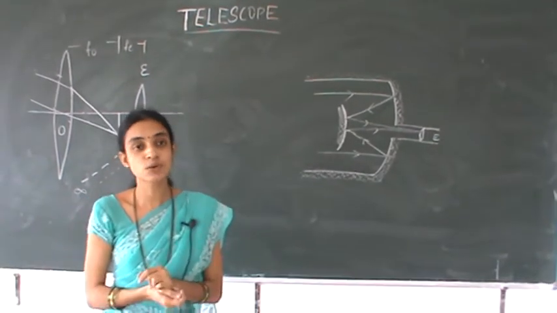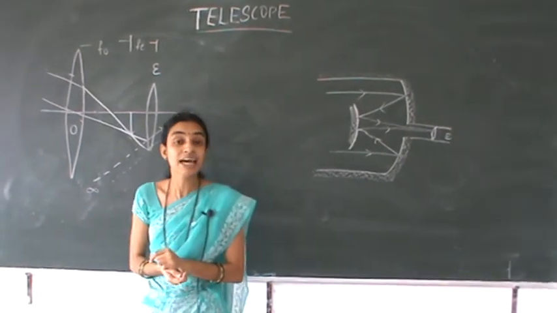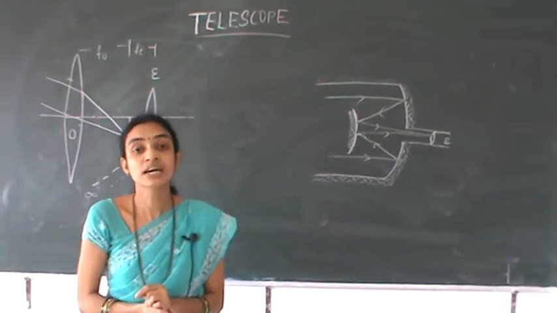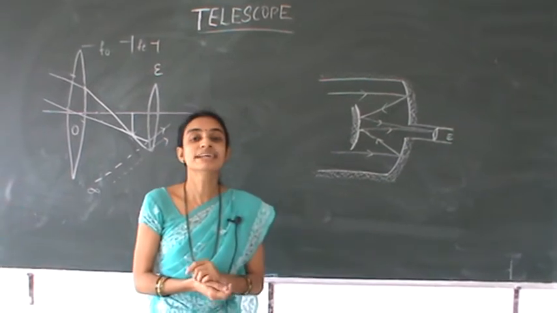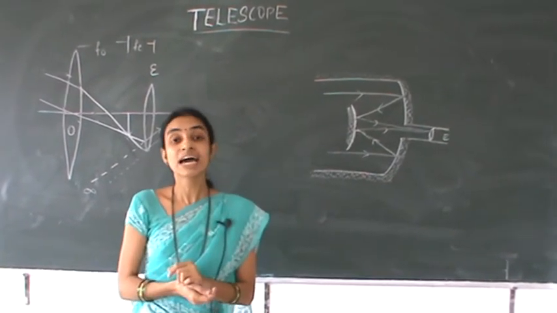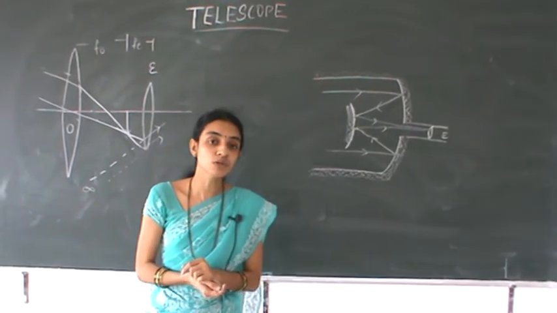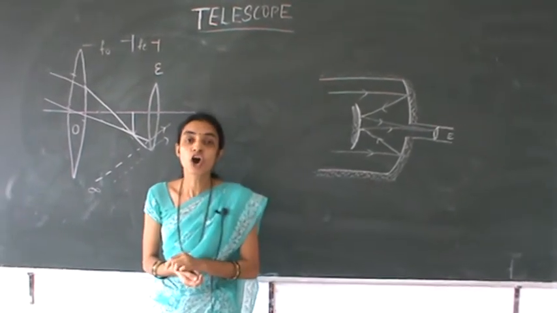Here the telescope can also be classified into two types, depending upon the phenomena of refraction and reflection: the refracting type telescope and the reflecting type telescope. The telescope is mainly used to see distant objects.